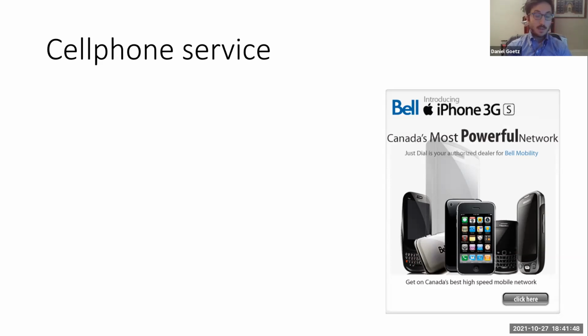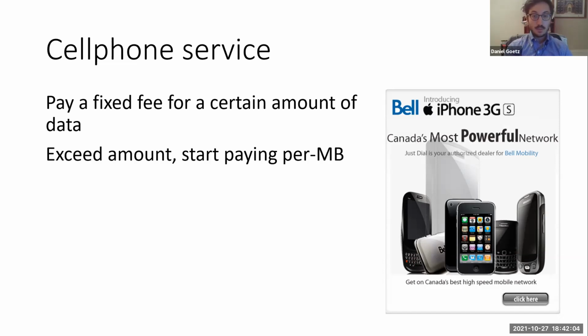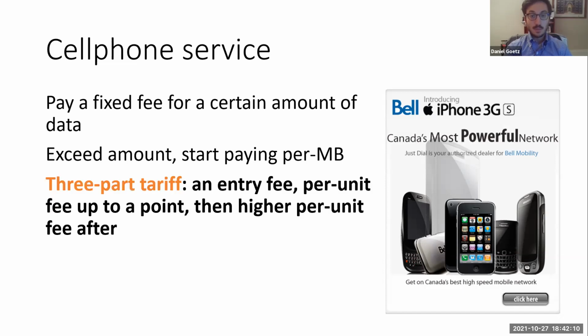You might get some amount of data with your package, but once you've used that up, now you have to pay per 100 megabytes or whatever. So we pay a fixed fee, we get the data that we are paying for free, and then we start paying per unit. So almost like a two-part tariff, but it's got three parts now.